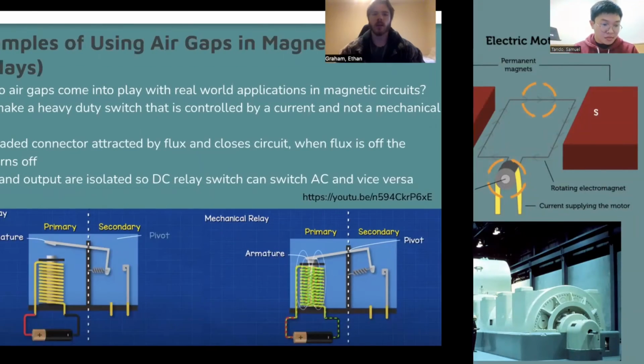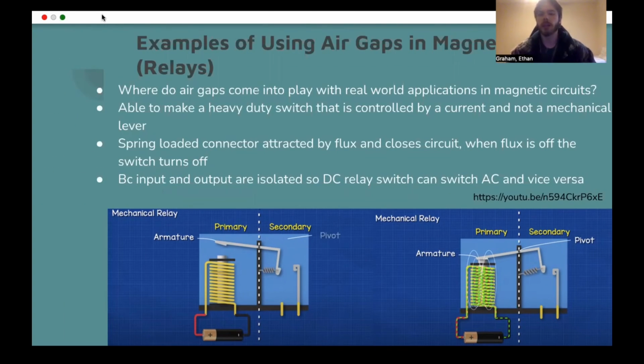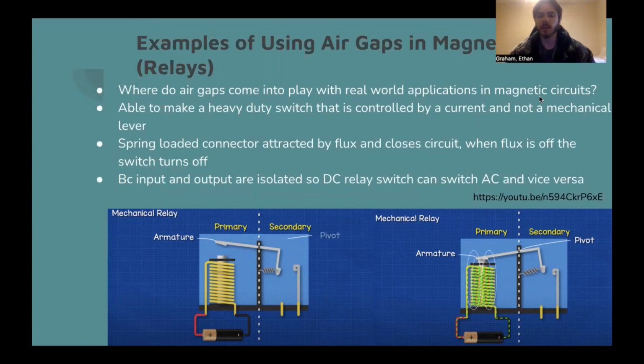Okay. I'll be looking more closely at practical uses of magnetic circuits, specifically using air gaps. Electromagnetic relays would be a good example of this. Electromagnetic relays are used as heavy-duty switches, switches that are controlled by an electric current rather than switches controlled by a mechanical lever.